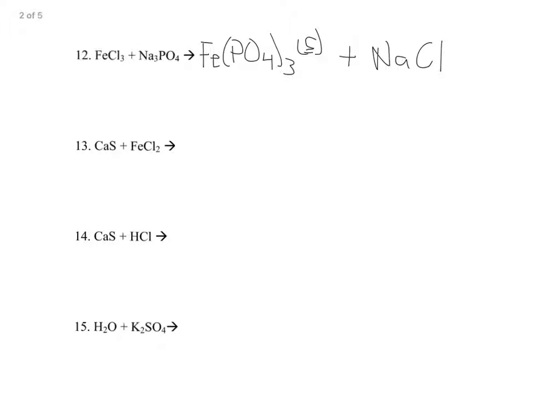Oh, I made a mistake. I don't need that there. I just noticed that my charges cancel out and now we just very well balance it by putting a 3 in front of the sodium chloride.